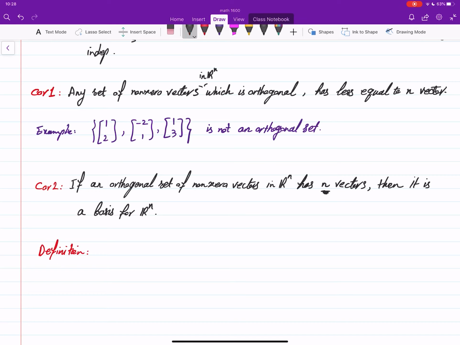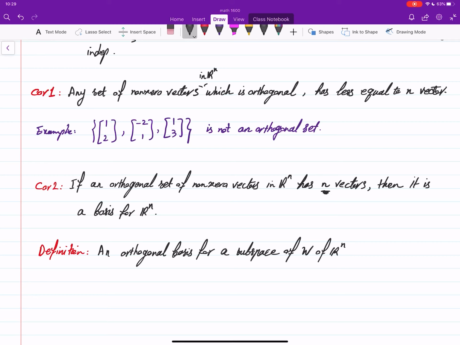An orthogonal basis for a subspace W of Rn. You can have this also for different subspaces.